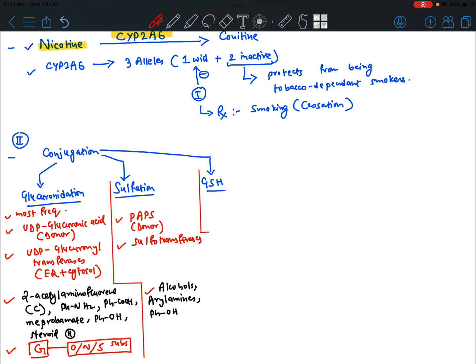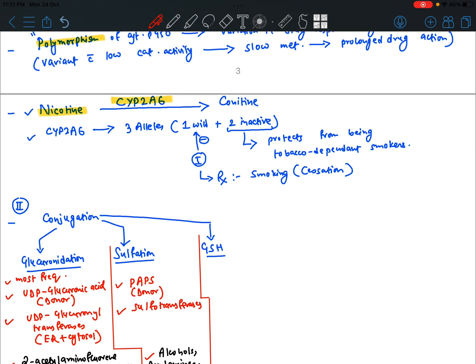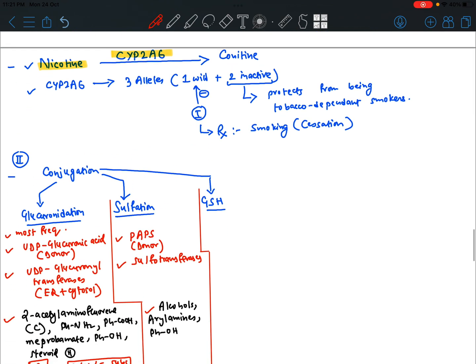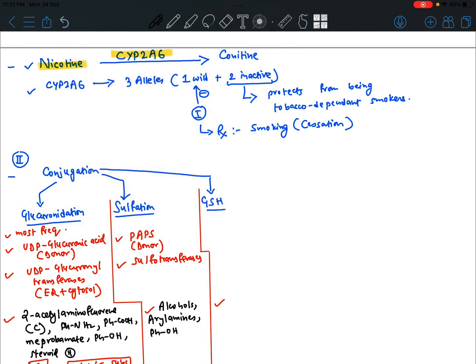Then we have our GSH, right? So GSH, what does it act on? The xenobiotics are mainly electrophilic compounds.